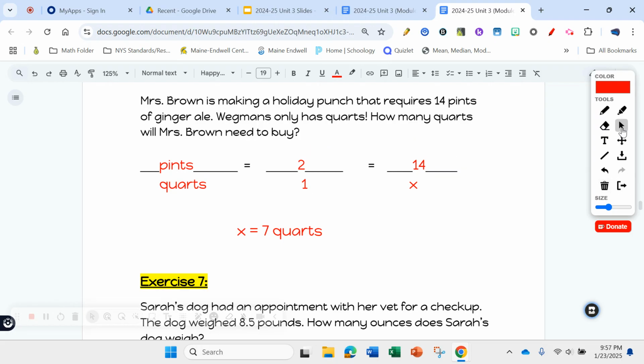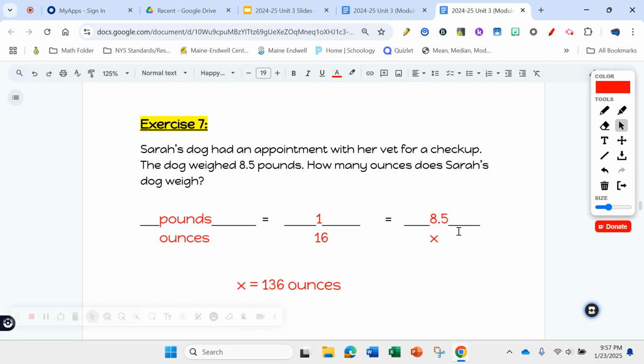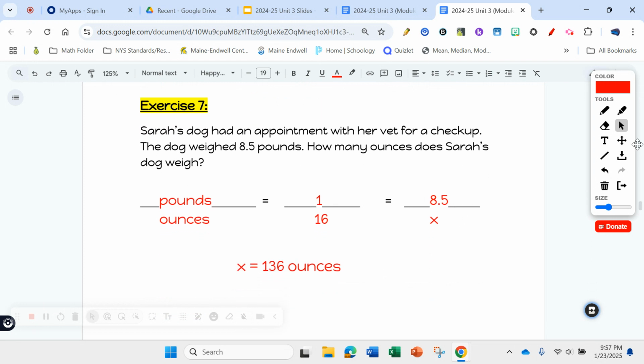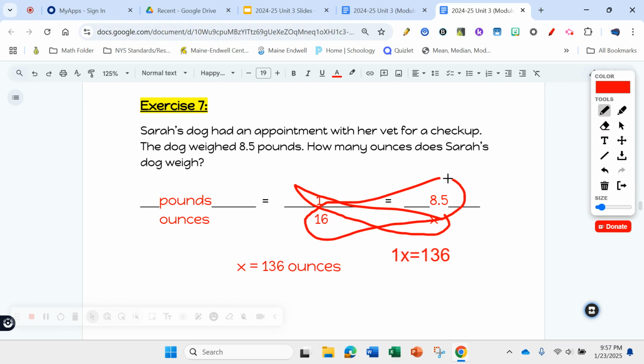Last one. No, last 2, sorry. Exercise 7, I'll be quiet. So when I'm cross multiplying, again, 1x is the same thing as x.